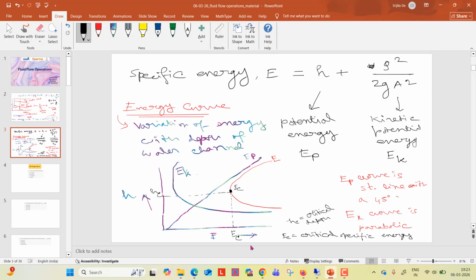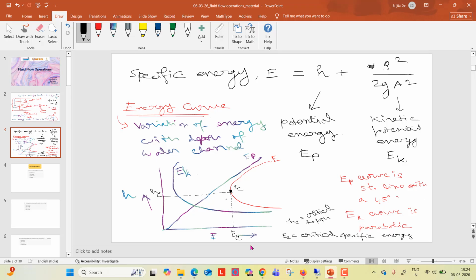Beyond that, if you go this side or go down, you will always get a greater value than this critical value. So in the real world, you cannot go below this point, because as you can see, this line is already cutting through the EP curve and the EK curve, the potential curve and the kinetic curve.